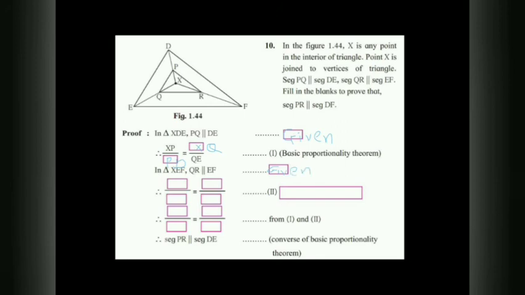Now here we have to use BPT. This part we have to write as it is here, by BPT. See here how to use all the properties we learned in this topic. In XEF, it means XQ upon QE.